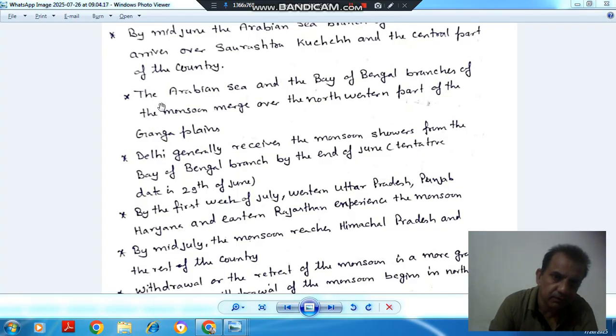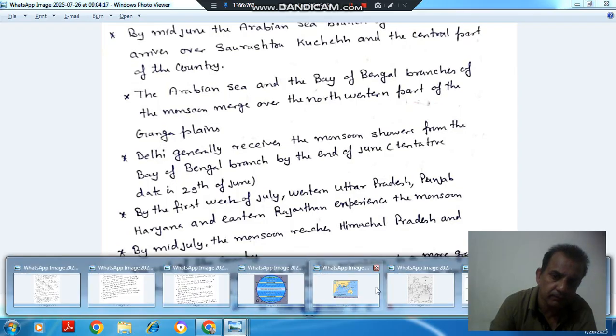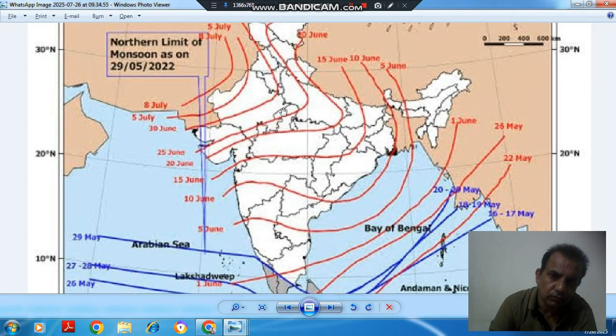Next point is the Arabian Sea and the Bay of Bengal branches of monsoon merge over the northwestern part of the Ganga plain. So this is your Ganga plain, and this is your 10th June scenario of the Arabian Sea branch, and this is the Bay of Bengal branch. They merge approximately here or here.